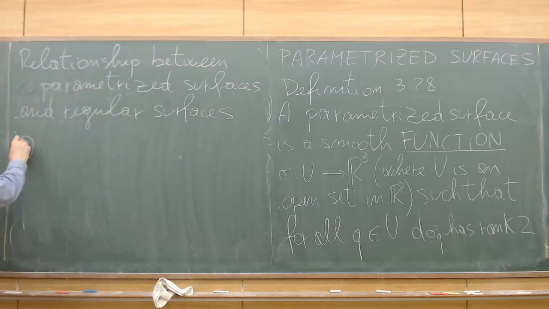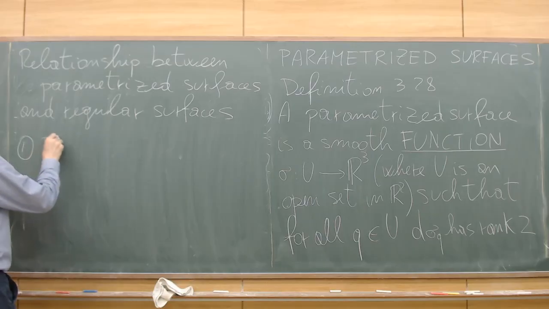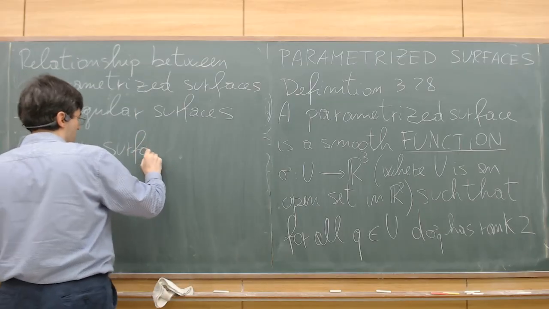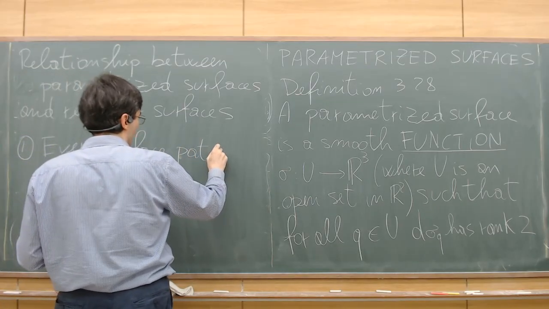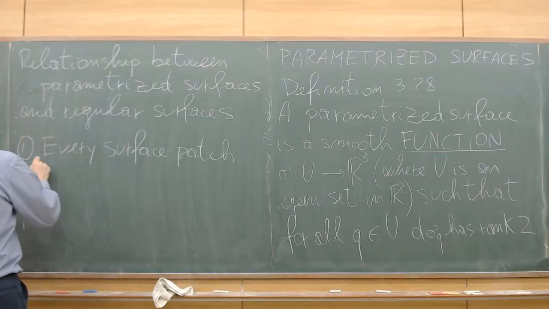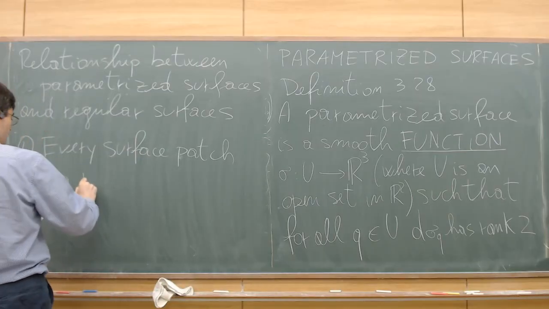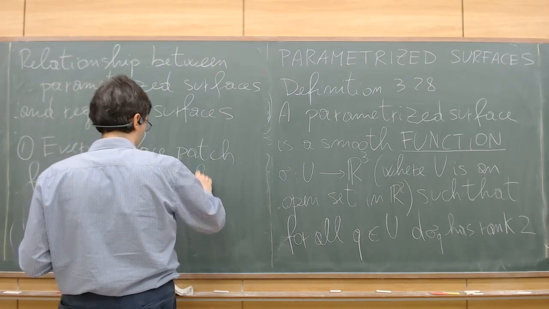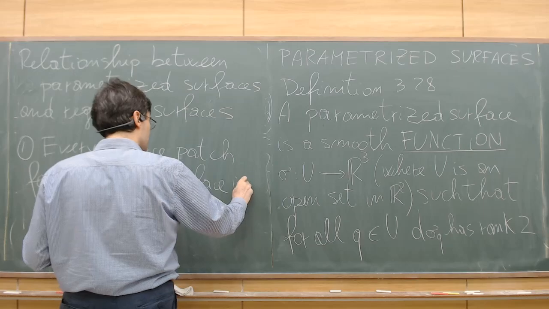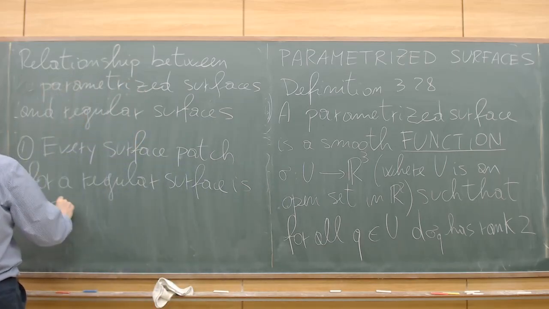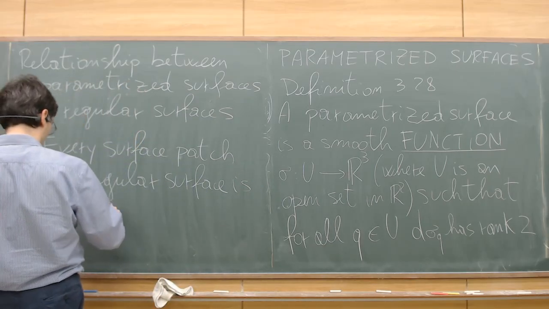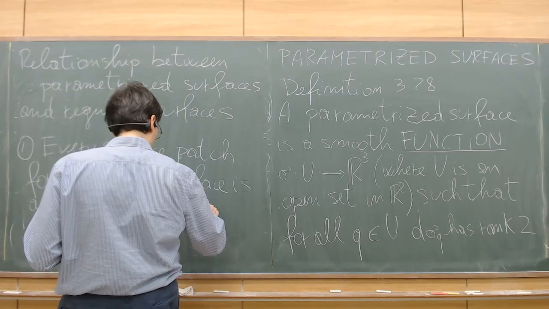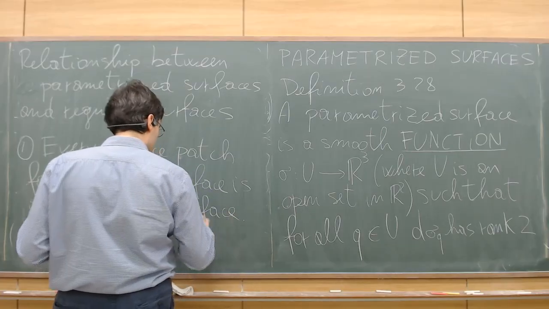We can say two things. The first one is that every surface patch for a regular surface is a parameterized surface. This is immediate to check.